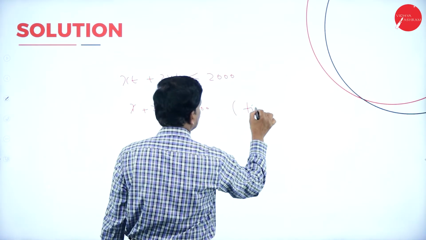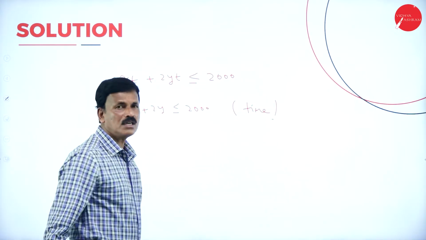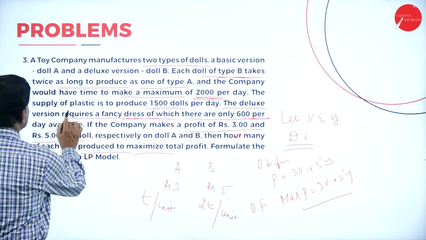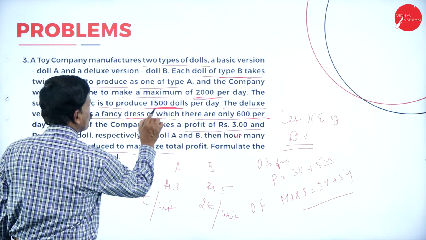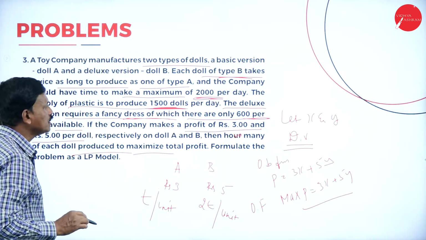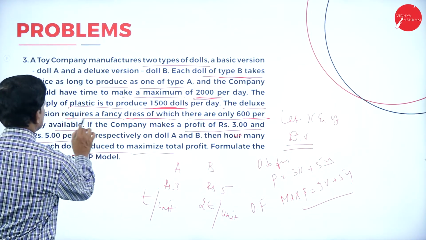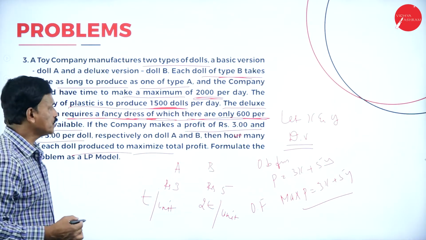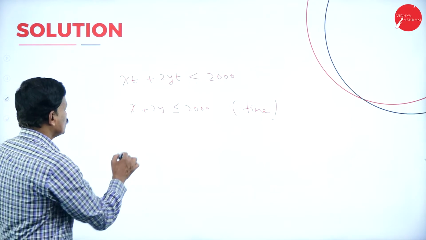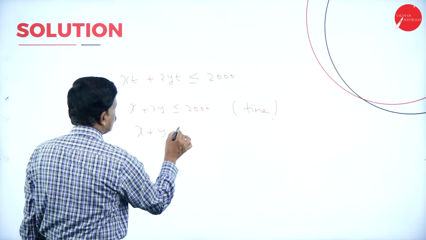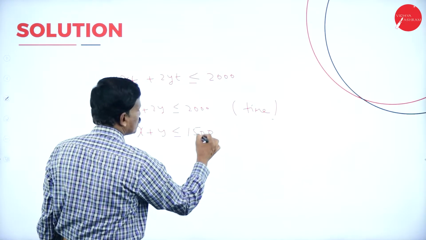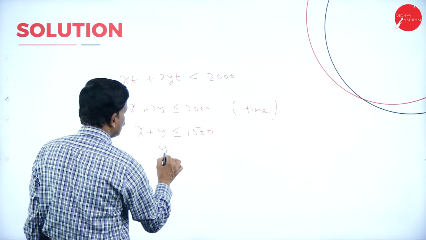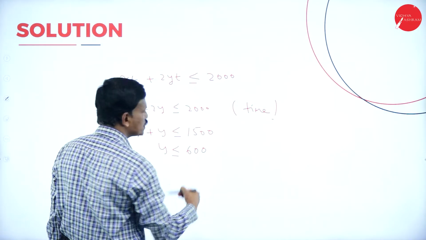This is nothing but the availability of the time. Now what is the given condition for the availability of plastic? Supply of plastic is to produce 1500 dolls per day and the deluxe version requires dress materials of 600 per day. So therefore for the plastic, x plus y is less than or equal to 1500, and the dress material for the second product is y, which is less than or equal to 600.